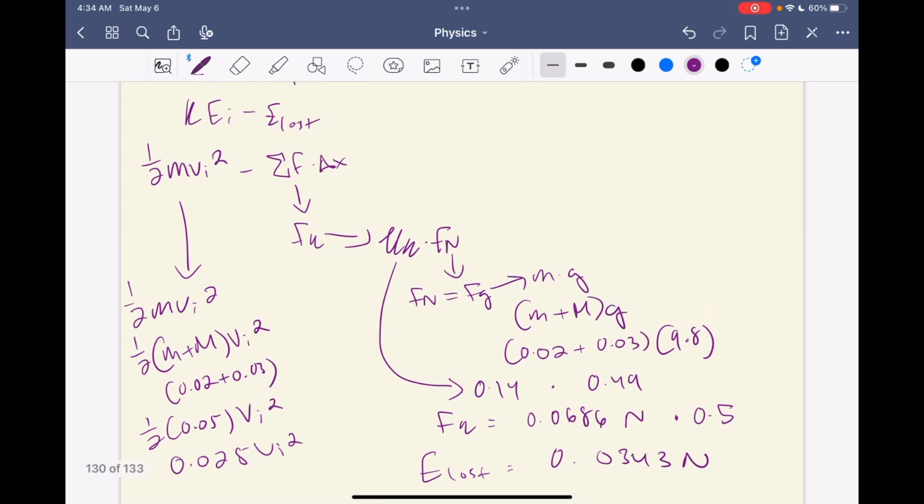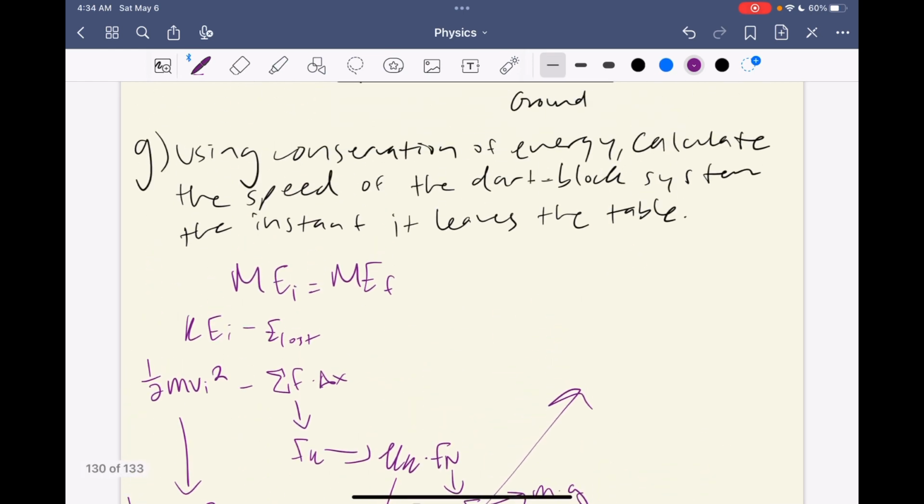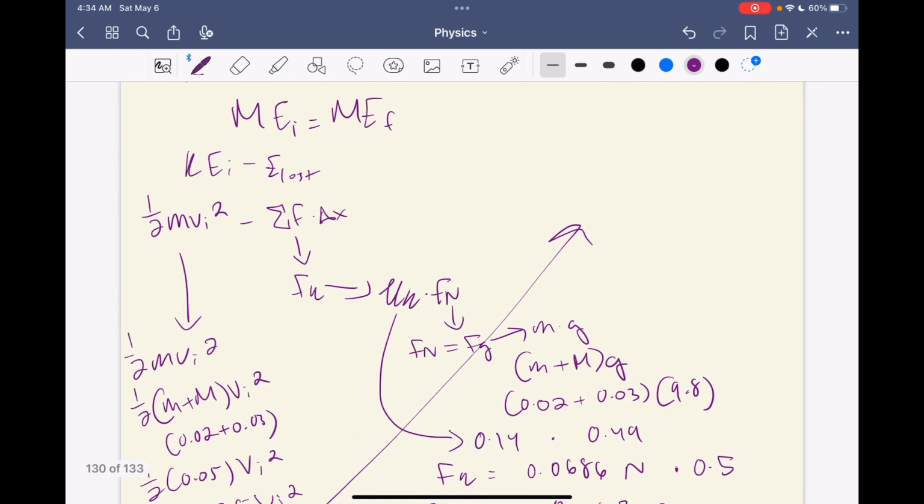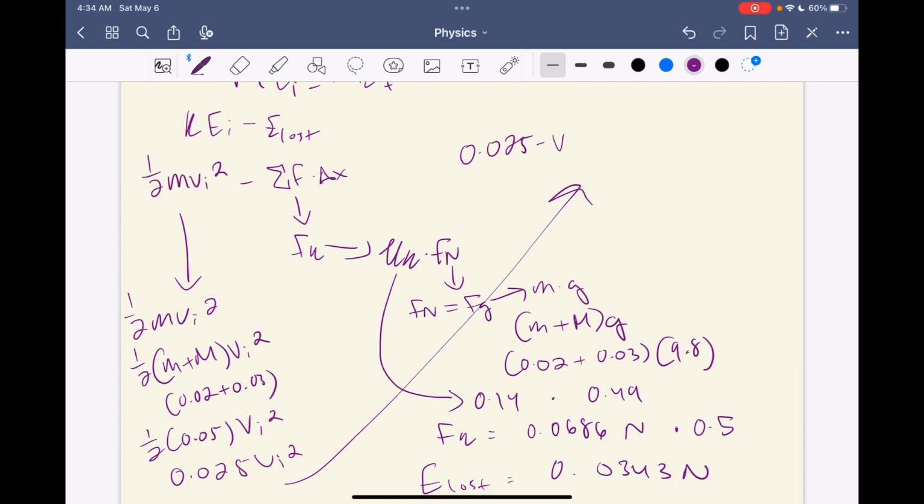We can move this up here so it's cleaner. So 0.025 vi squared equals, oh sorry, minus 0.0343.